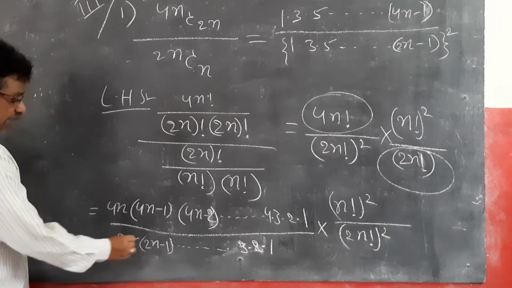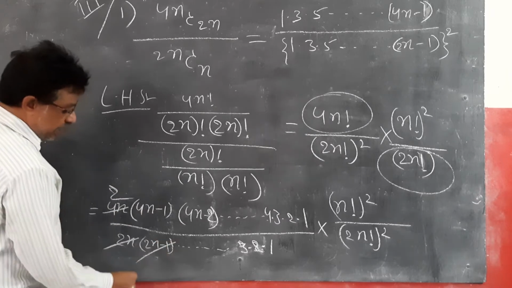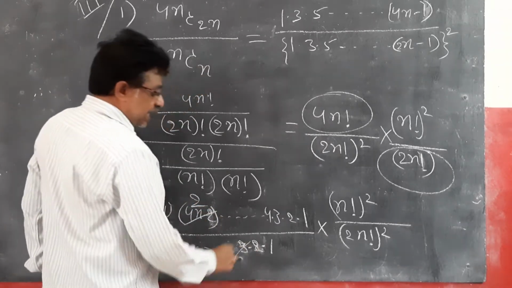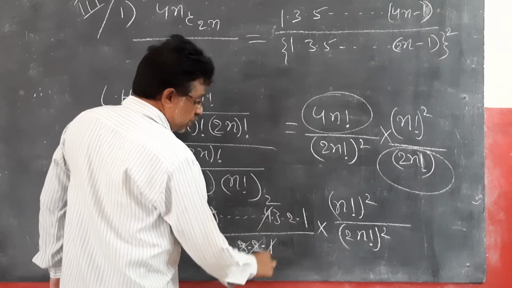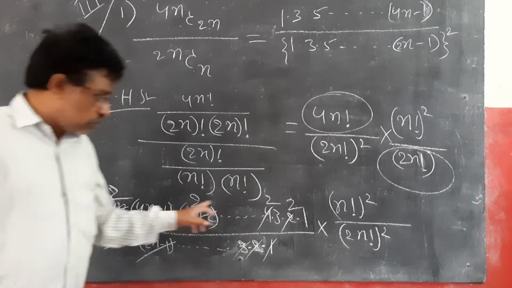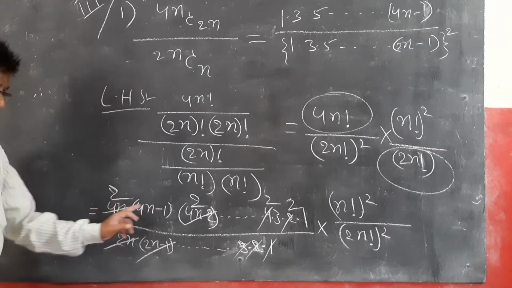Now 2n gets cancelled in 4n for 2 times and 2n minus 1 in 4n minus 2 for 2 times and so on. 3 gets cancelled in 6 for 2 times, 2 gets cancelled in 4 for 2 times, 1 gets cancelled in 2 for 2 times. So 2 into 2 into 2, alternate terms get cancelled for 2 times, so it becomes 2 power 2n.